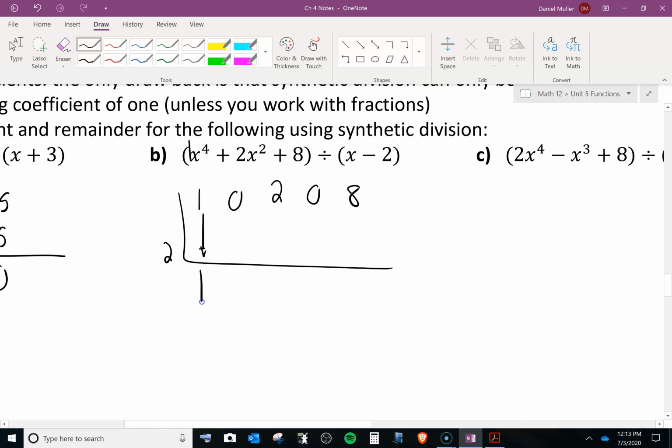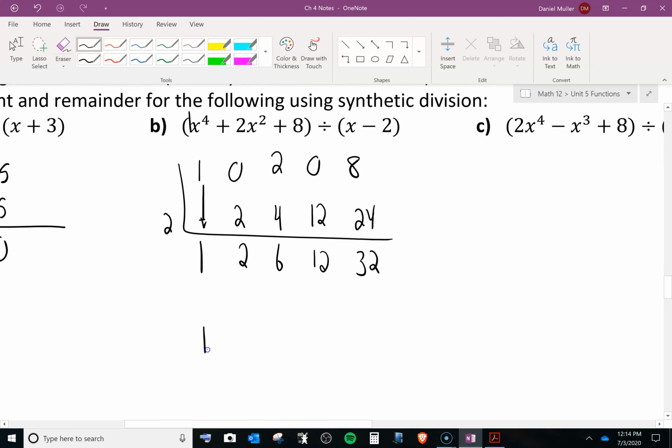So let's see if we can get those numbers. Bring this down. So multiply the diagonals, add them. Multiply the diagonals, add them. Multiply the diagonals, add them. Multiply the diagonals, add them. And look at that, 1, 2, 6, 12. So we can write them down: 1, 2, 6, 12, and 32. And this was an x to the 4, so we'll lower it by 1 because we're dividing an x away.